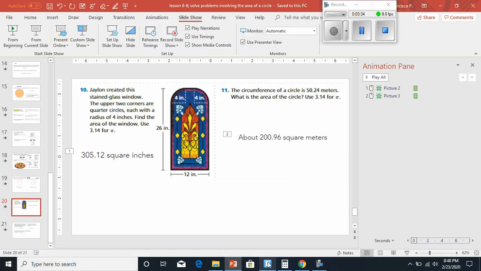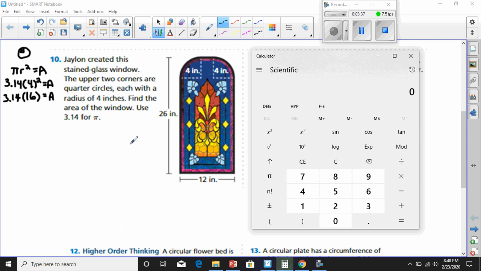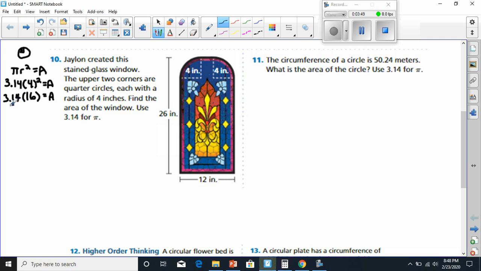So let's do that with the calculator first. 3.14 times 16. That's going to give us 50.24. 50.24 is the area of the whole circle. Now the thing is, we only have 2 quarter circles here. That makes a half. So we're going to have to divide this 50.24 by 2 to get the area of half a circle.